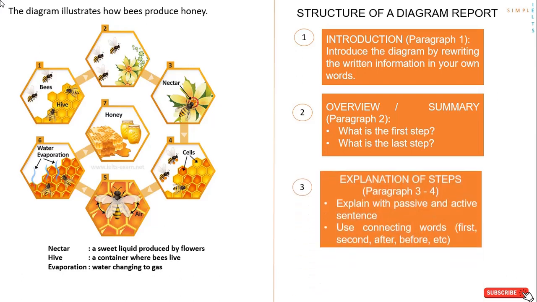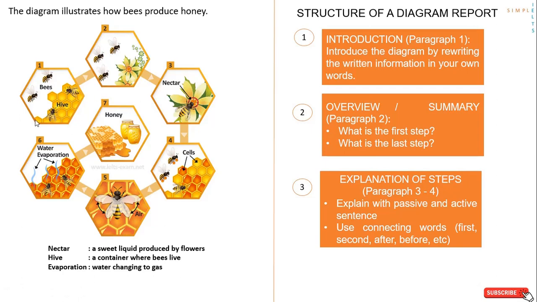Okay, next we have to explain every step involved. First, we have to explain with passive and or active sentence. There are diagrams that require you to write in passive sentence, but in this case, especially for this diagram, we can write in both passive and active sentence because there are bees or there is a subject involved in this part, not just an object.